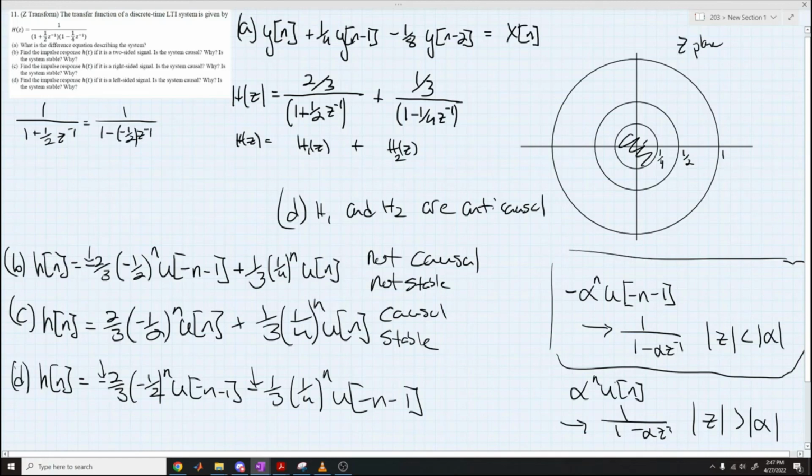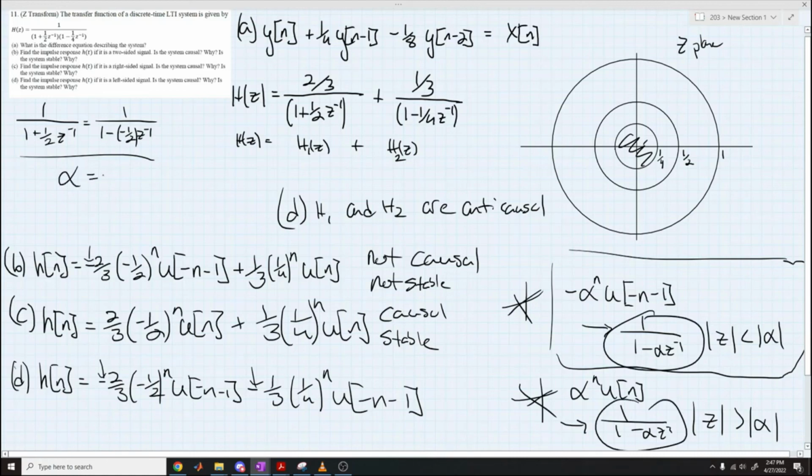So to make this look like this one or this one, my alpha is equal to -1/2. And that's where those minus signs are popping in and out. So that's one thing you've got to be careful about for this anti-causal signal.